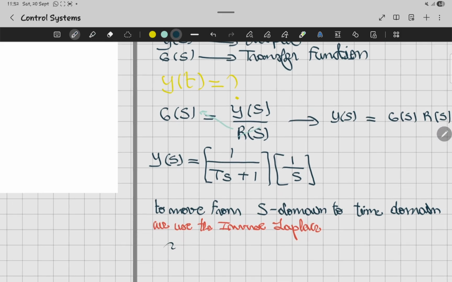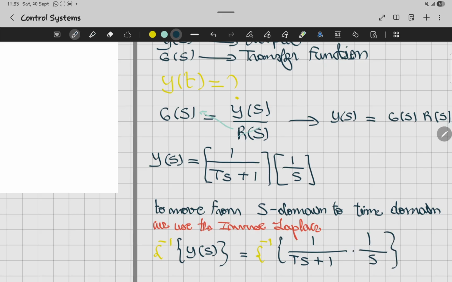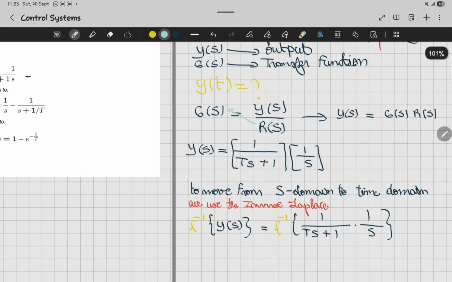So if we have to get the inverse Laplace, we need to take the inverse Laplace on both sides of the equation. You can clearly see that there's this form. We can't find it in the table.